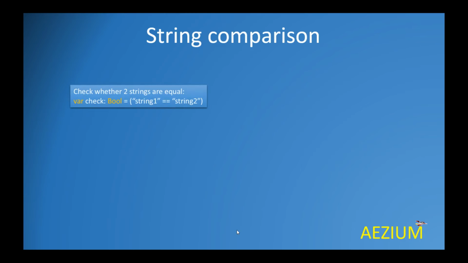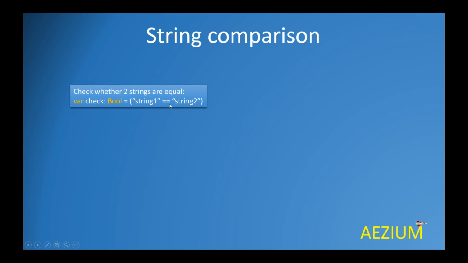In Swift, strings can be compared directly, and it's quite straightforward to do so. The result of the comparison would be a Boolean. So an example is shown here.